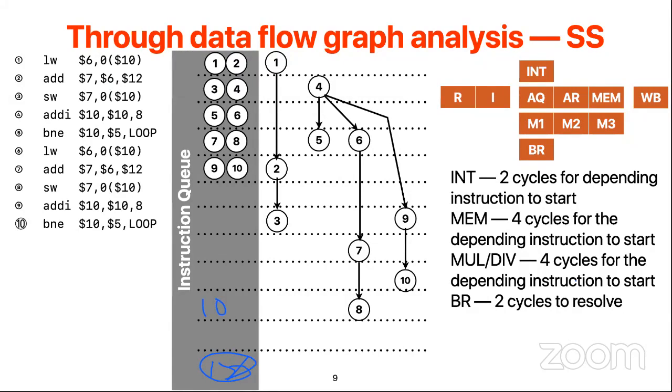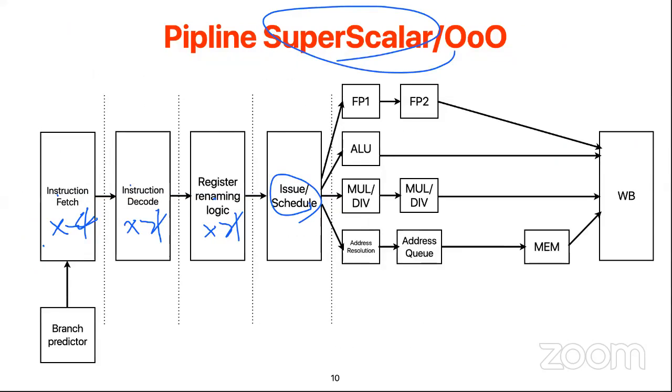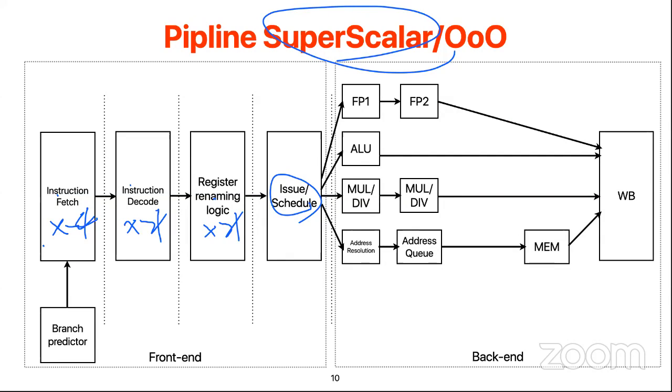So 10 instructions take 10 cycles, so the average CPI would be 1 now, right? So that's the superscalar execution.